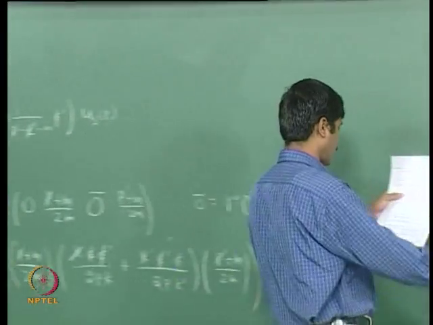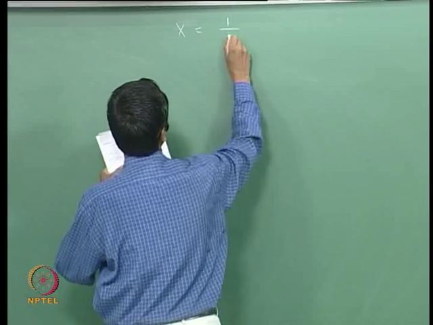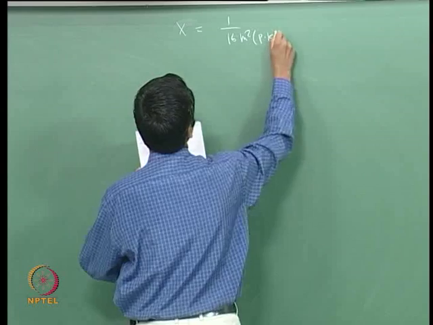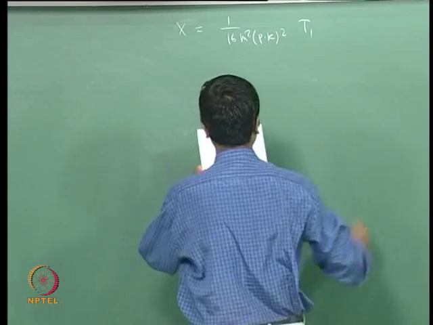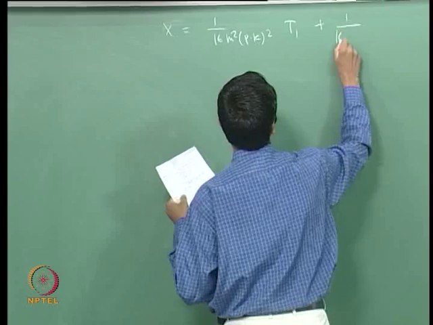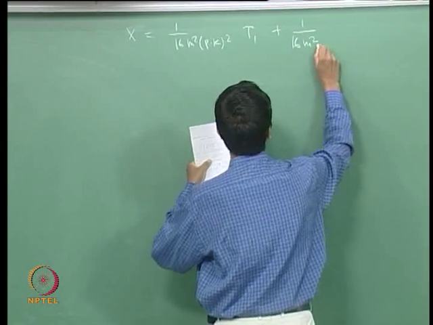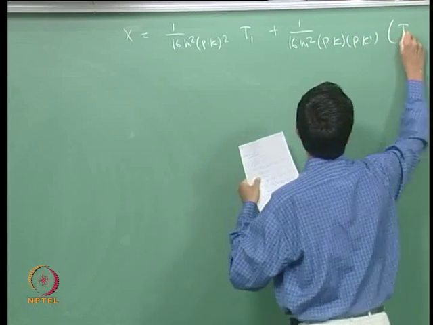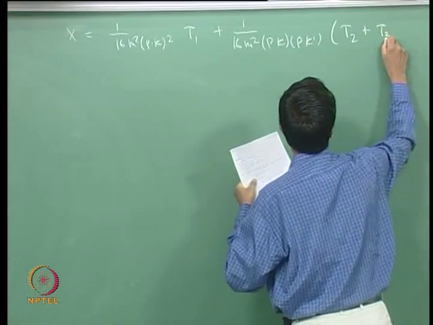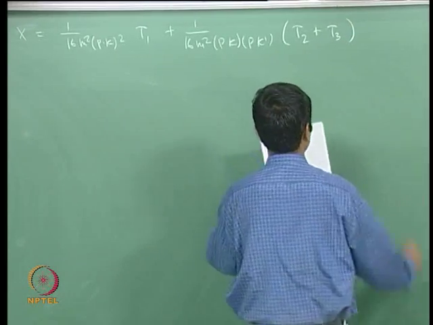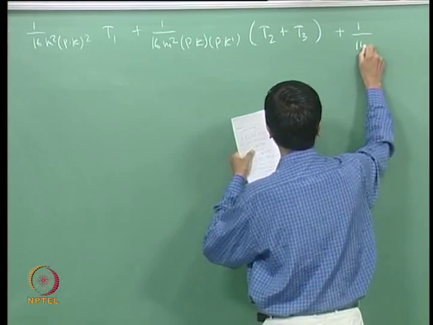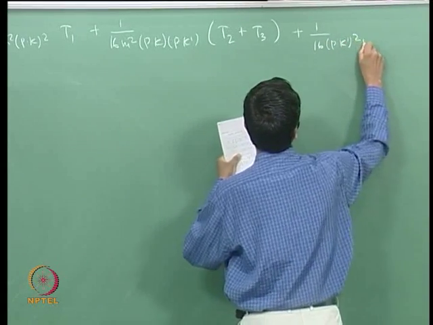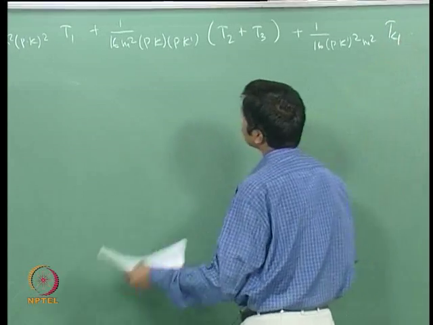I have denoted them as 1 over 16 m² (p·k)² T1, plus 1 over 16 m² (p·k)(p·k') times T2 plus T3, plus 1 over 16 (p·k')² m² T4.